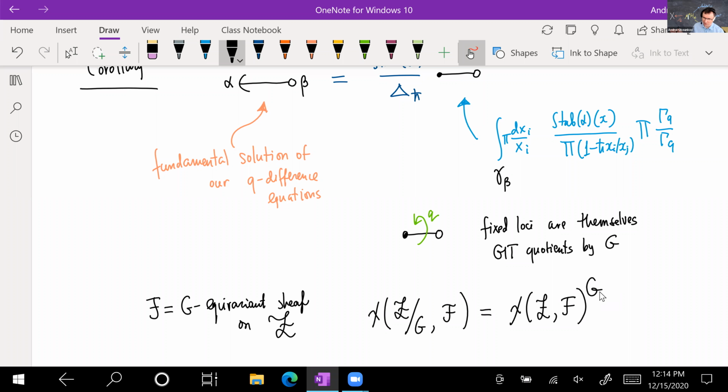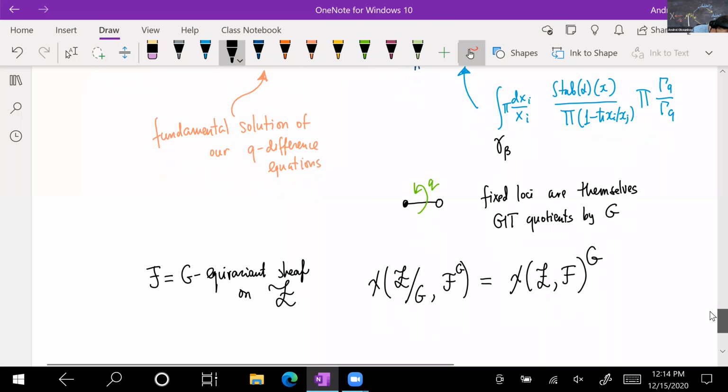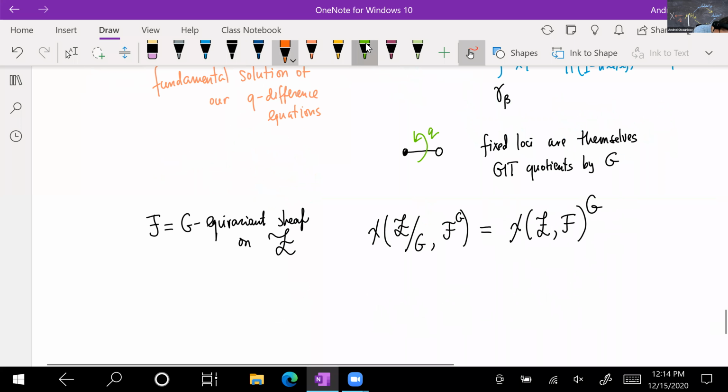This is what it means to have a sheaf on the quotient: the sections on the quotient are the invariants of the stuff upstairs. And then this I can express as an integral over the maximal torus in G, by the Weyl integration formula.